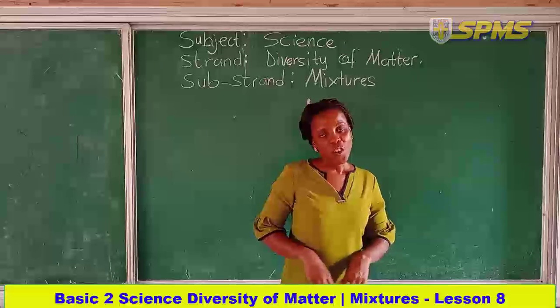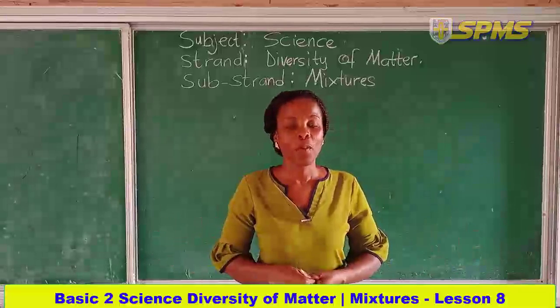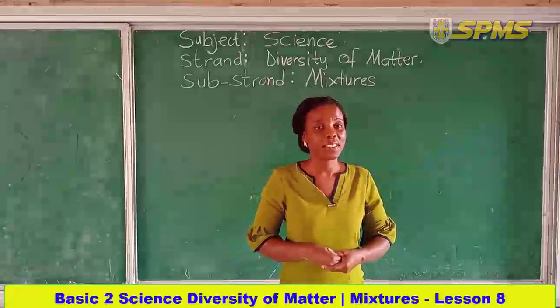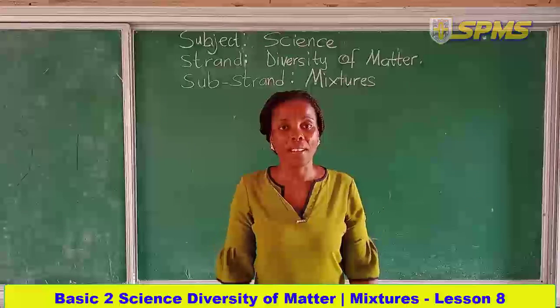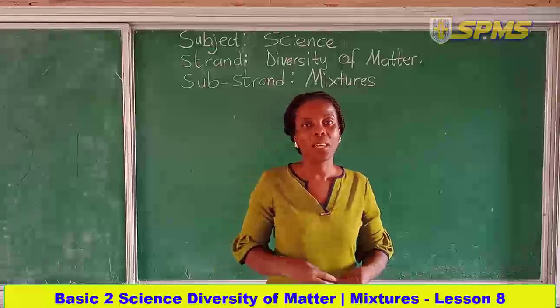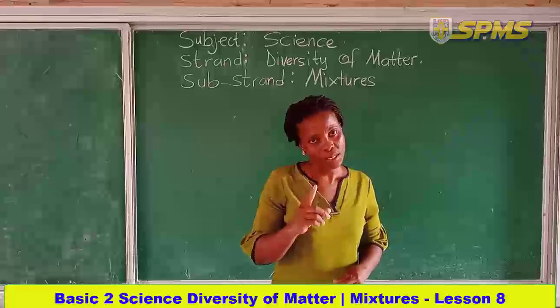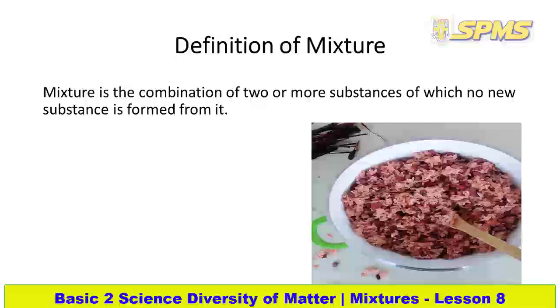Alright, you've been mixing things, you've been putting things together. What are some of the things you put together? Put garri and sugar together. Some of them are edible after putting them together. Some are not. So you need to be very careful. So how will you define the term mixture?